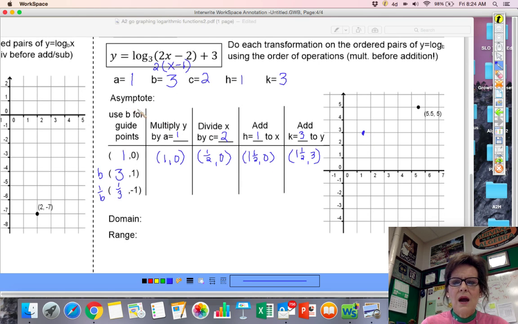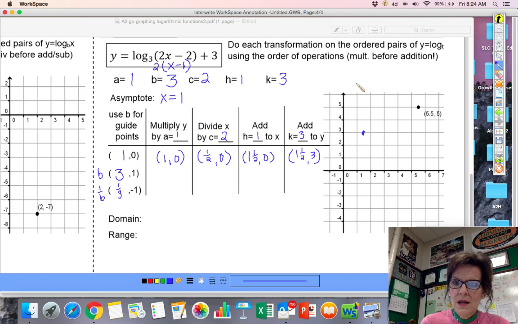Let's decide where our asymptote is. I like to do that first, and I should have done it this time. Remember, our asymptote when we do logarithms is based on my h shift right here, x minus 1, so that means I'm going to shift to the right 1. So instead of my asymptote being at x equals 0, it's now going to be at x equals 1.